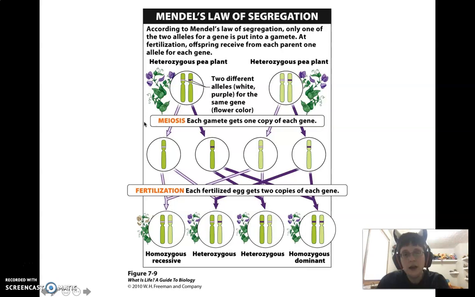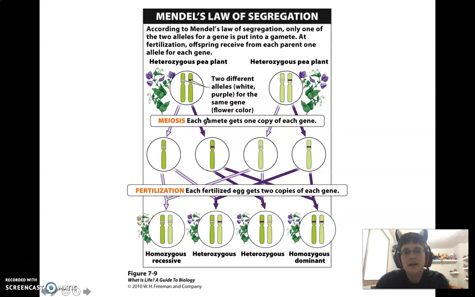If we look at the top, we started with heterozygous pea plant parents, meaning that the genes for this trait were different from each other. We had a white flower gene and a purple flower gene.